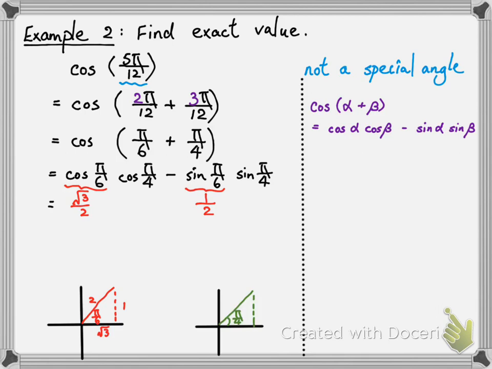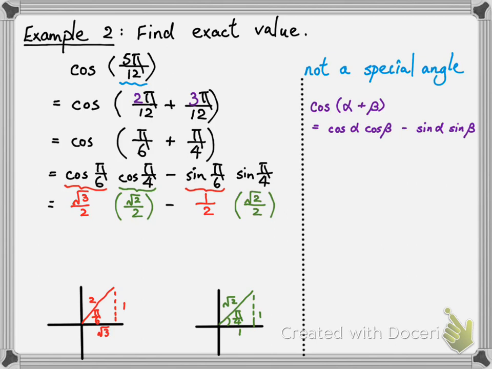With the sketch of pi over 4, we know the ratio is 1, 1, square root of 2. Then cosine of pi over 4 equals 1 over square root of 2, and as we rationalize, that equals square root of 2 over 2. Then sine of pi over 4 also equals 1 over square root of 2, and as we rationalize, we have square root of 2 over 2.